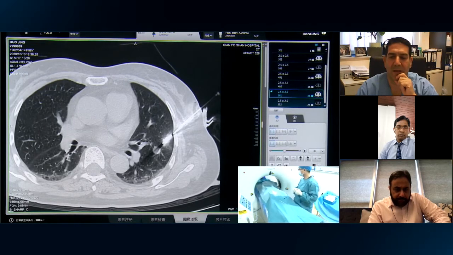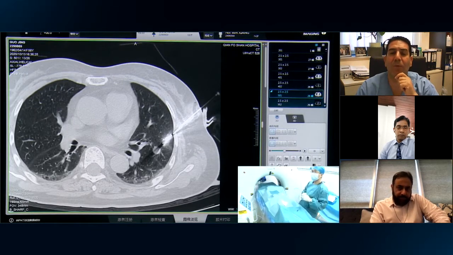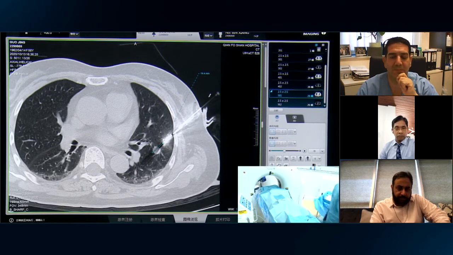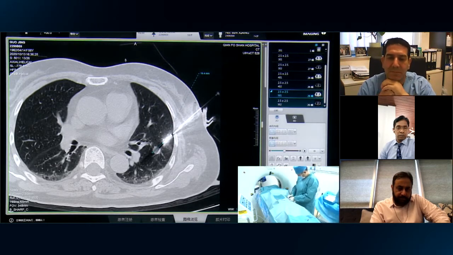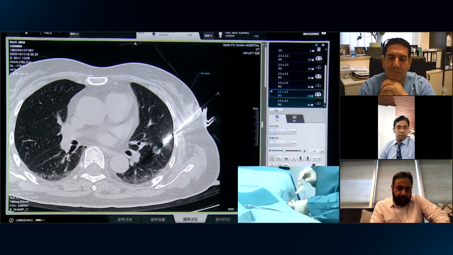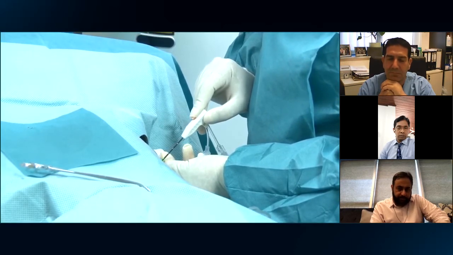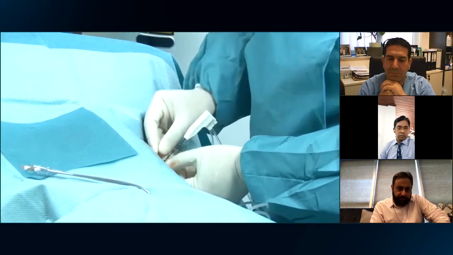How do you control the breathing of the patient? Do you ask him to hold his breath? Usually, if the patient can cooperate in the operation, we just ask her to hold her breath, and then insert the antenna.